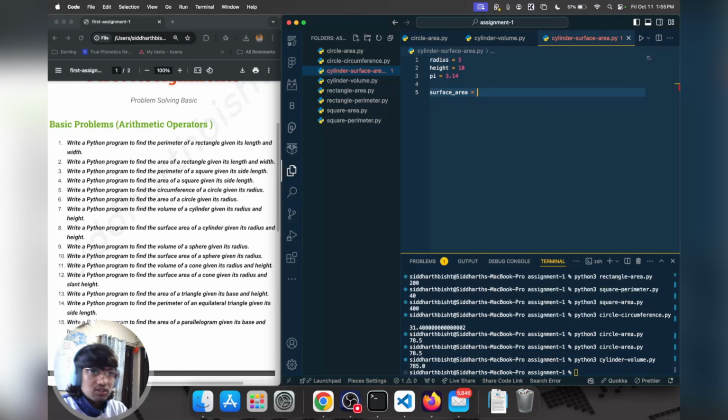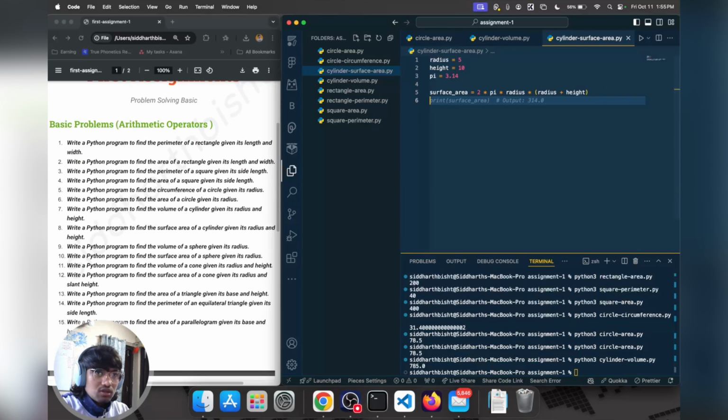So 2 multiply by pi multiply by r square into h. Or I think its formula is this: 2 into pi into radius plus height. Okay, so radius plus height. So this is the formula.